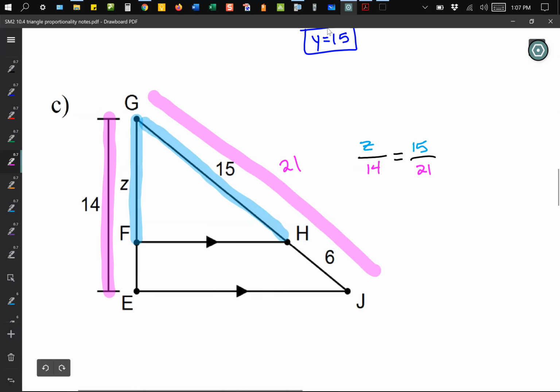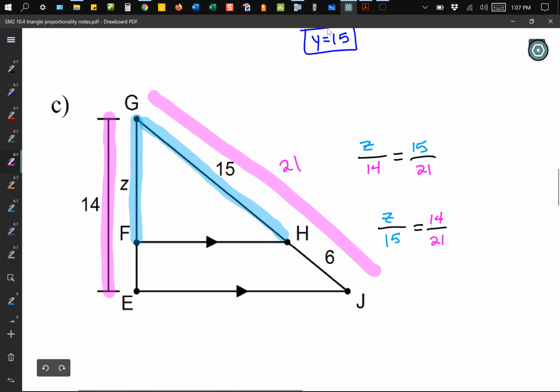If I had written it differently, I could have written z over 15, so both of those are the big pieces, equals 14 over 21.